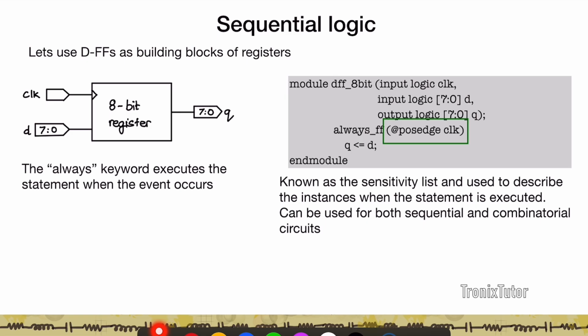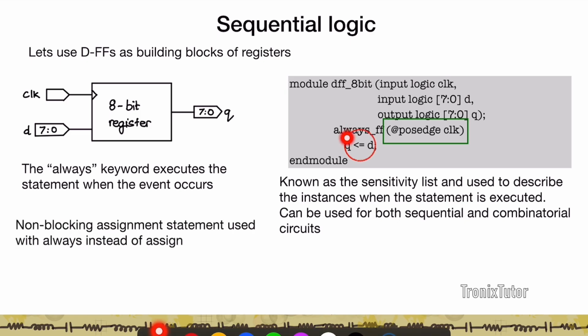So again, what the always statement does is it looks at this list of signals inside the brackets, which is known as the sensitivity list, and based on the values of those events or list variables, whatever is after the always statement gets executed.